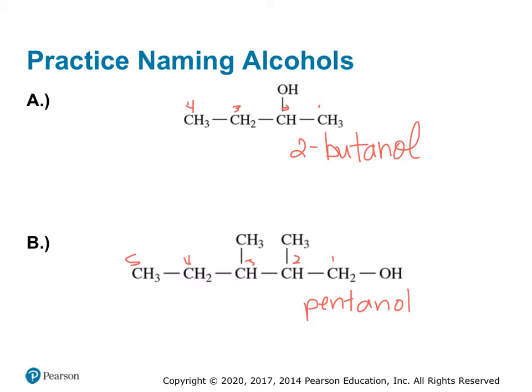So the OH group here is attached to carbon number 1. So it's 1-pentanol. Then I see my substituent groups here on carbon 3 and carbon 2. They're both methyl groups. So we're going to say that's 2,3-dimethyl-1-pentanol.